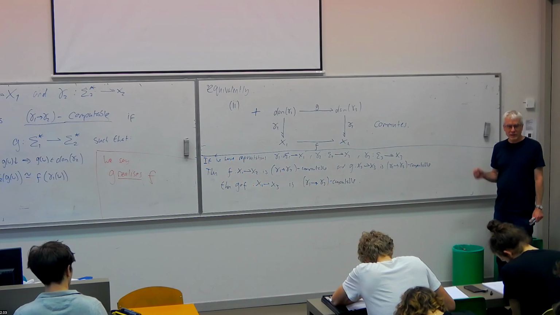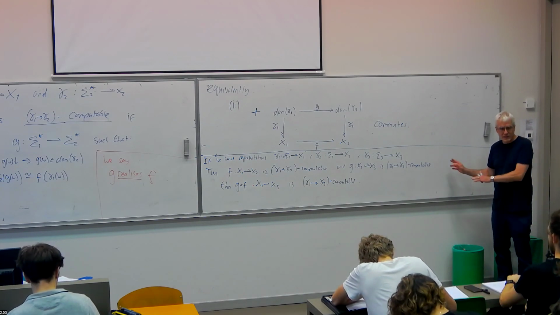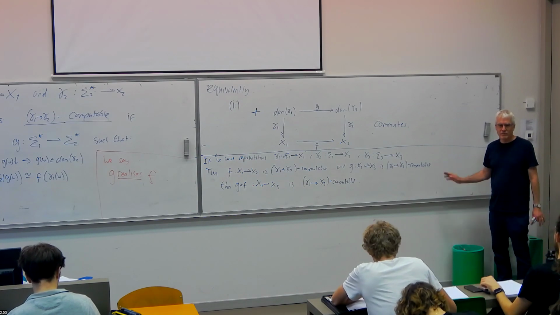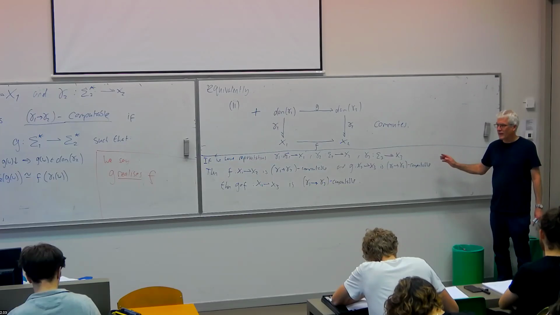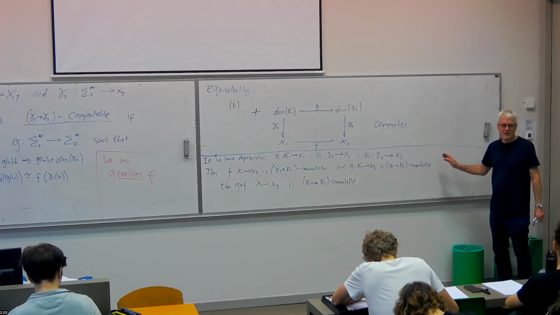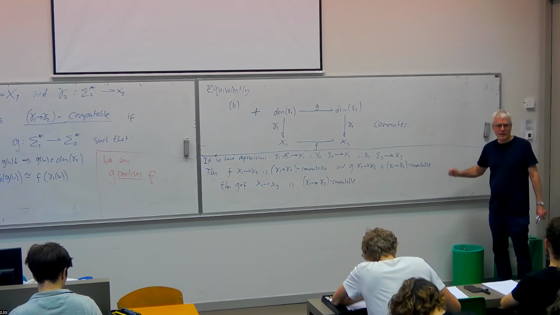But actually, the really nice category is the one that's even a little bit simpler to define, where you restrict to the total functions that are computable. That category is exactly the category of what are called modest sets in the realizability world.